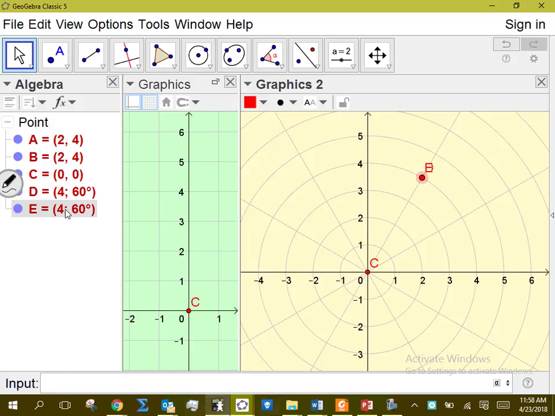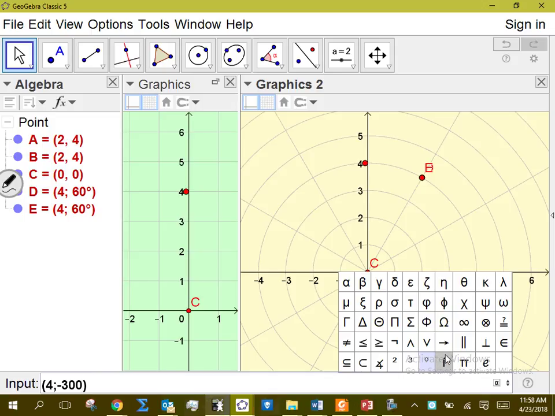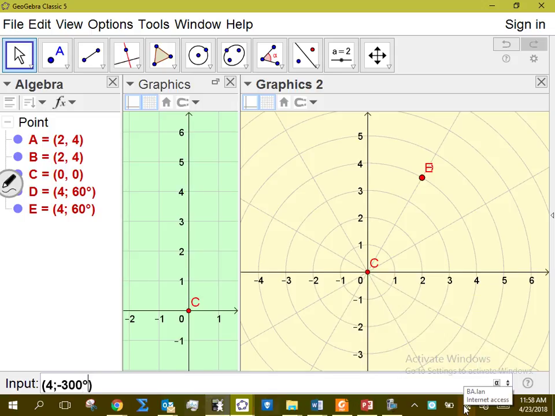Now you did see that I had (4, 420) in there. GeoGebra is always going to reduce it to the smallest positive angle. But if I type in (4, negative 300), it gives me the same point.